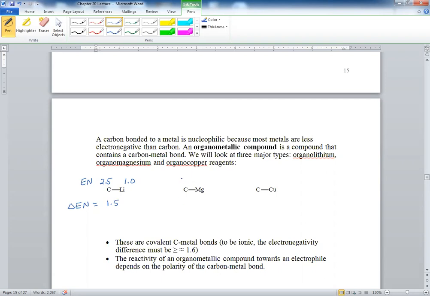Carbon magnesium, 2.5. Magnesium is a 1.2. So that gives us a difference of 1.3. And carbon copper, again, 2.5 for carbon.